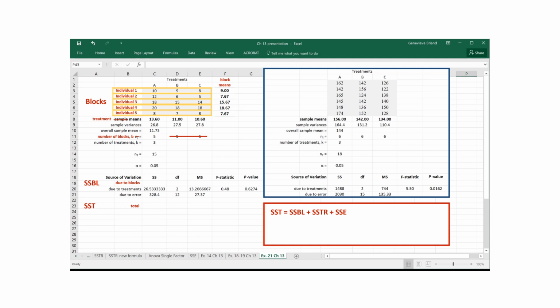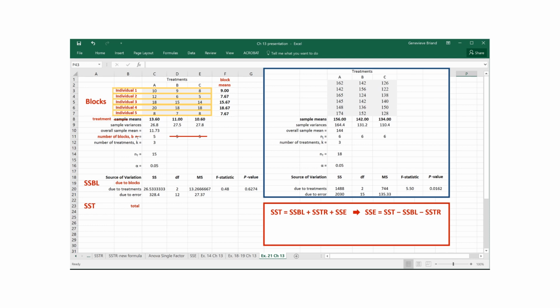Total sum of squares, SST, is equal to sum of squares due to blocks, SSBL, plus sum of squares due to treatments, SSTR, plus sum of squares due to error, SSE. So now sum of squares due to error is whatever is not explained by the treatments or the blocks.